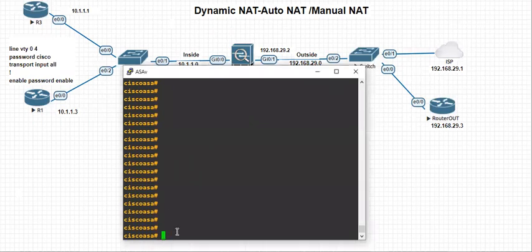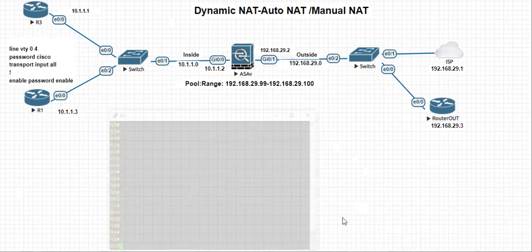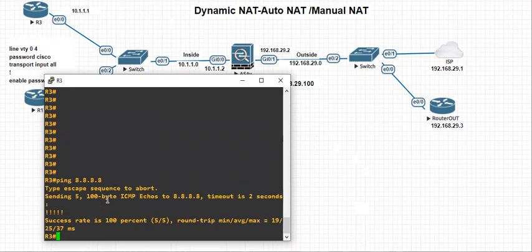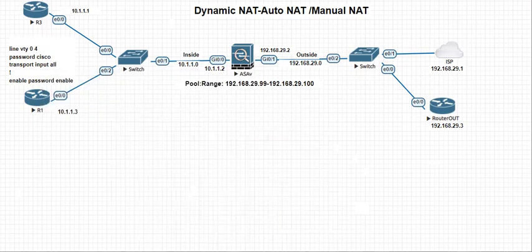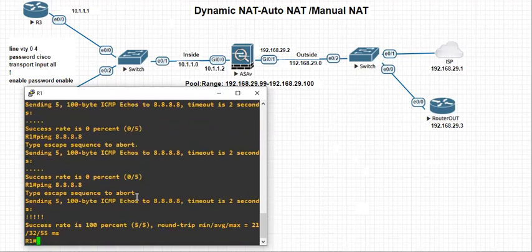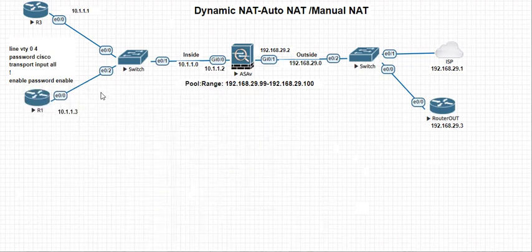Let us clear xlate to remove stale sessions. And now let's initiate traffic to the internet. Ping 8.8.8.8. That's working. And let's move to R1. Ping 8.8.8.8. There it is. Okay, so we are able to reach the internet.